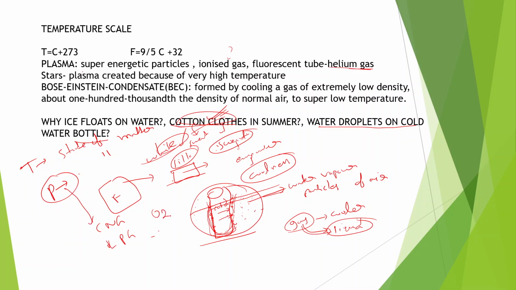In oxygen cylinders in hospitals also, we use the same condition, we use pressure. Under pressure, the oxygen gas is filled in an oxygen cylinder, and because of huge pressure, this oxygen gas is stored in the form of liquid O2. So we can change the state of matter with the help of pressure also.